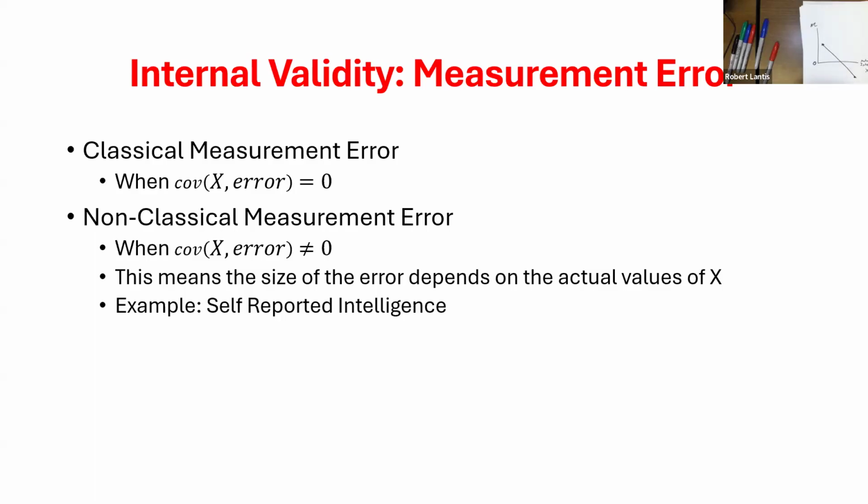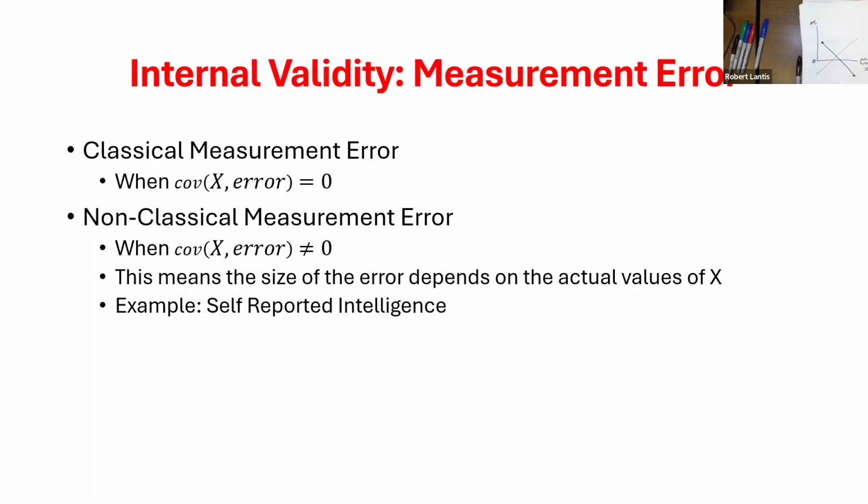If we had another set of variables where the relationship looked like this, it would completely switch the sign of the bias. So we're not guaranteed attenuation bias if the measurement error is in any way dependent on the values of X.